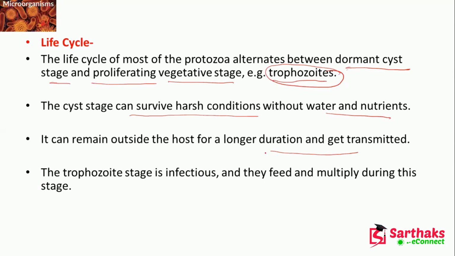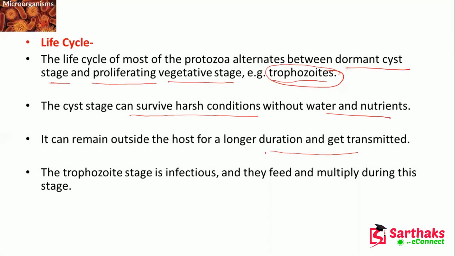In the life cycle of the protozoa, we have seen that it alternates between two stages: one is the dormant cyst stage, and the other is the trophozoite stage.